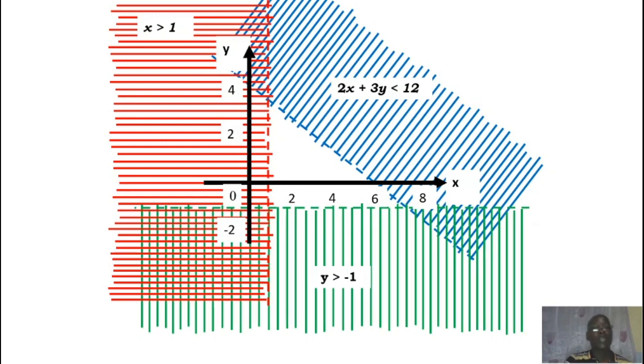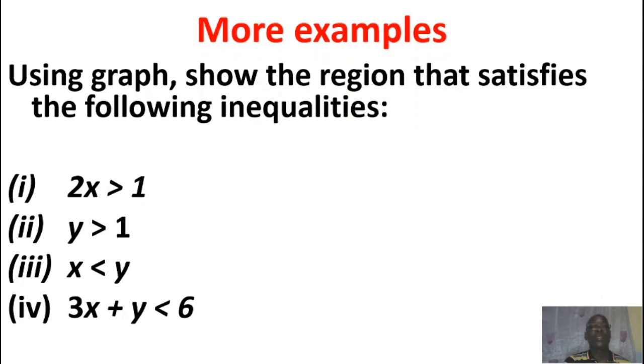Then we check if we can do more. Here we say more examples. You should actually read more examples, because I think it is only one more example that we have here. So I say using graph, show the region that satisfies the following inequalities.